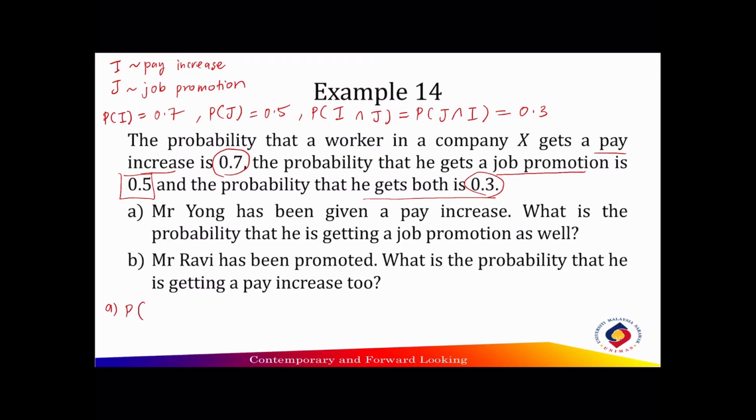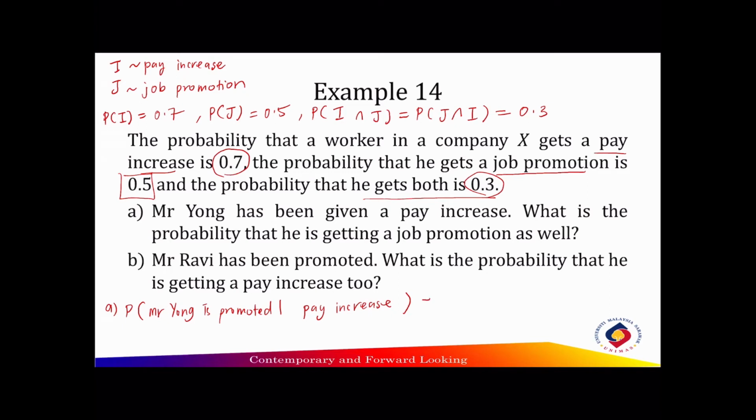Okay, so let's do question A. Again, we have to know which event comes first. A, Mr. Young has been given a pay increase. So in this question, we know that pay increase comes first. And then what is the probability that he is getting a job promotion as well? So Mr. Young is promoted, given that he also gets a pay increase.